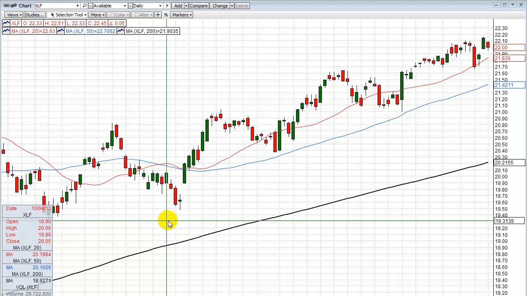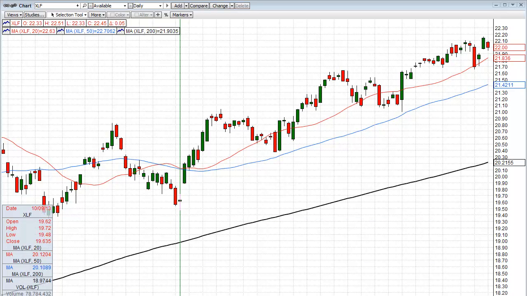They typically happen at lows in the charts, and they happen on volume. You can't see the volume on the screen, but on this day the XLF had about 78 million shares, and the average at the time was less than half of that, about 33 million shares.